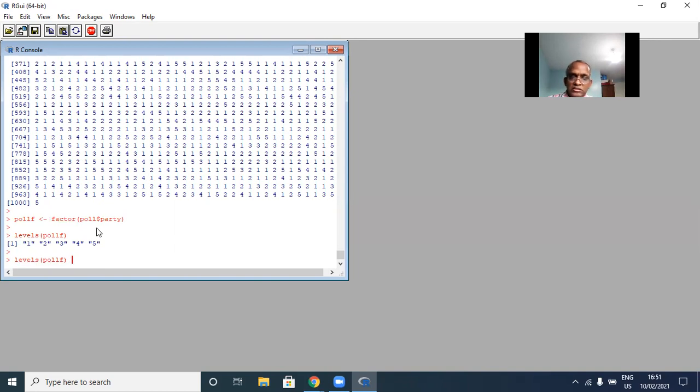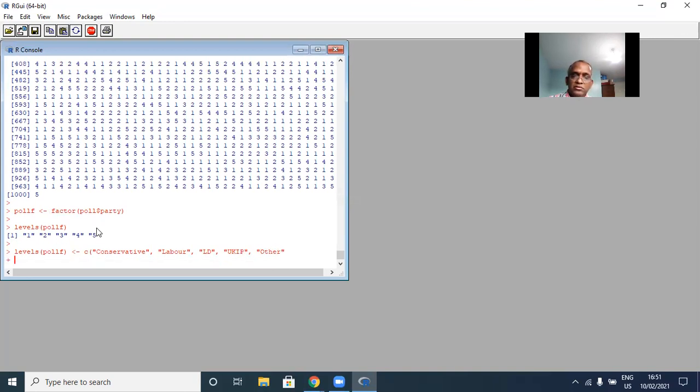Now we want this changed to the actual names. So 1 corresponds to the Conservative Party, 2 corresponds to the Labour Party, 3 corresponds to the Liberal Democrats Party, 4 corresponds to the UKIP Party, and 5 corresponds to other parties.